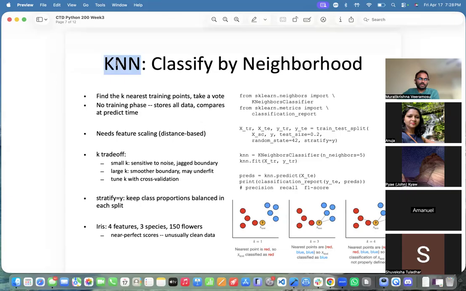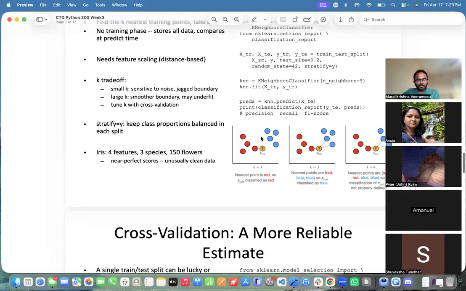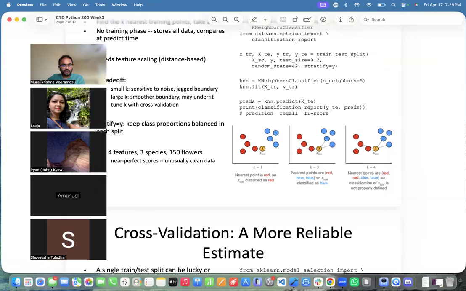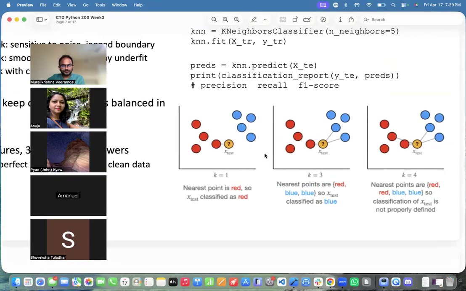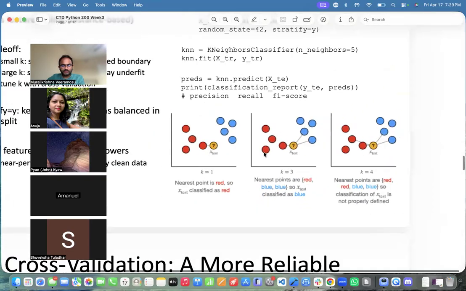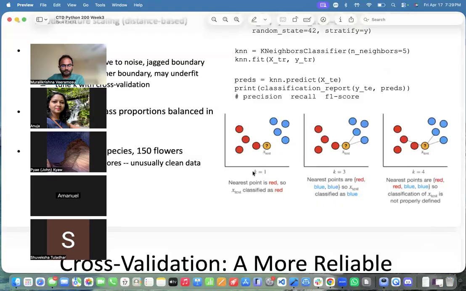And KNN is the K nearest neighbor classification technique. In this technique, basically the model looks at K nearest neighbors in order to predict the output. So you can see in this diagram, our K is 1.